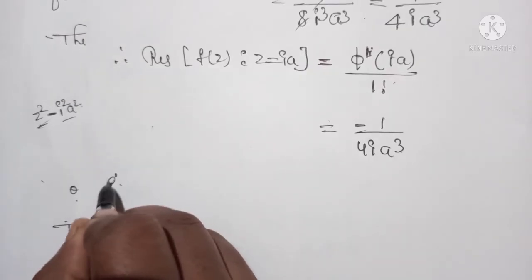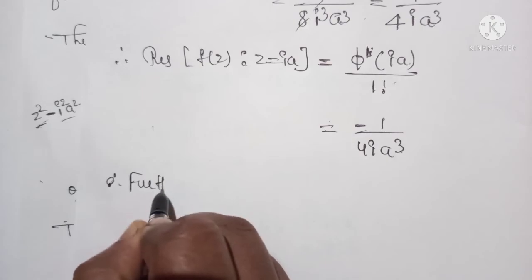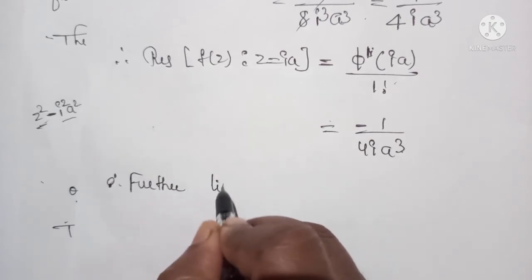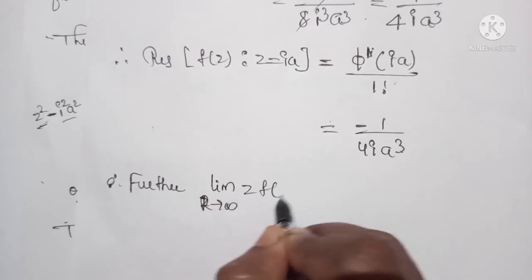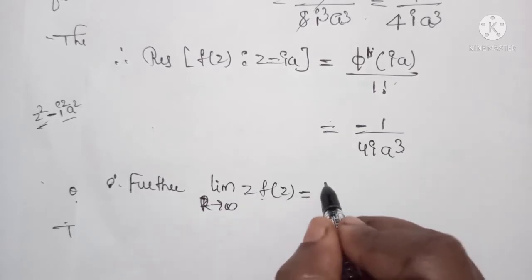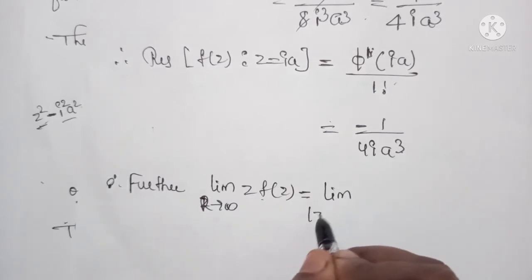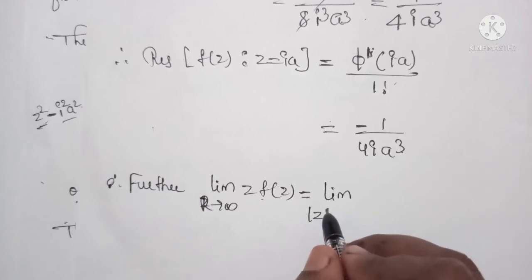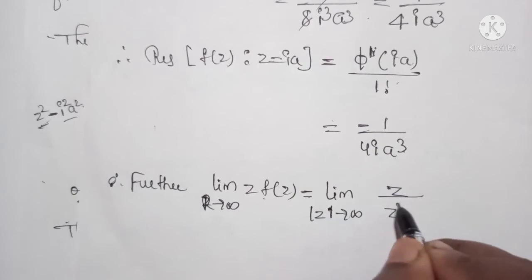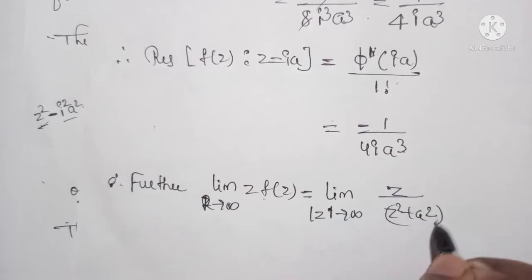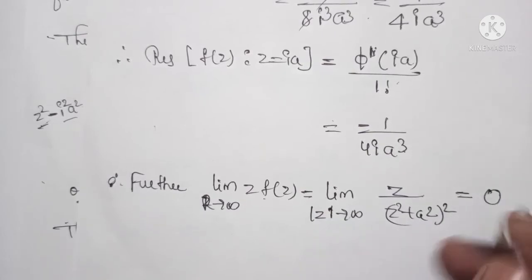Further, the limit as r tends to infinity of z f of z, that is, as mod z tends to infinity, z divided by (z square plus a square) whole square, equals 0.